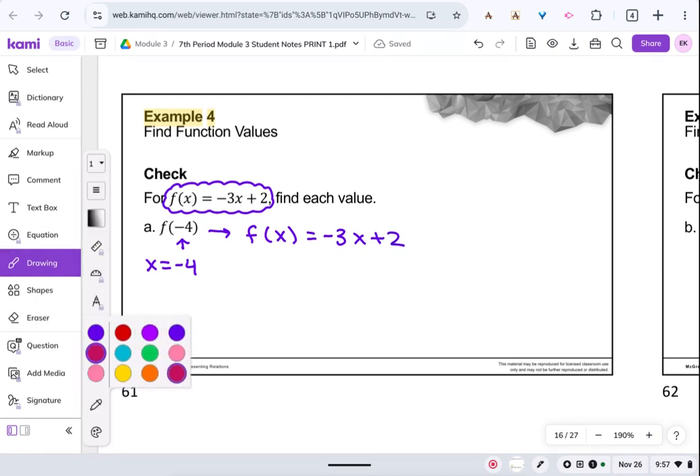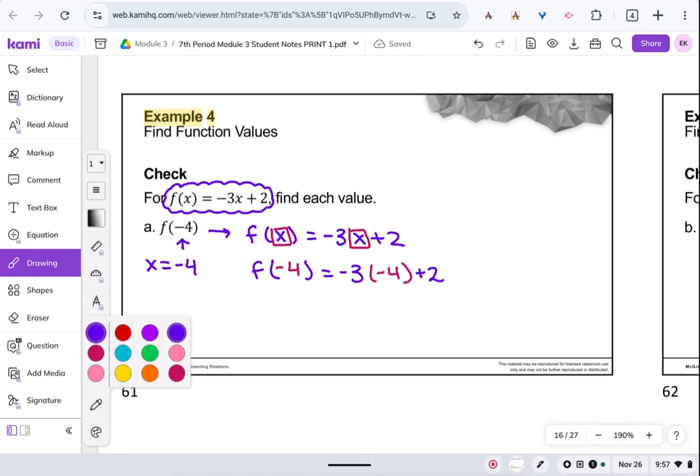So if we rewrite our function, f of x equals negative 3x plus 2. Again, we're going to take out the x's, anywhere we see an x, and we're going to replace it with negative 4 this time. So I'll have f of negative 4 is equal to negative 3, parentheses, negative 4, plus 2.